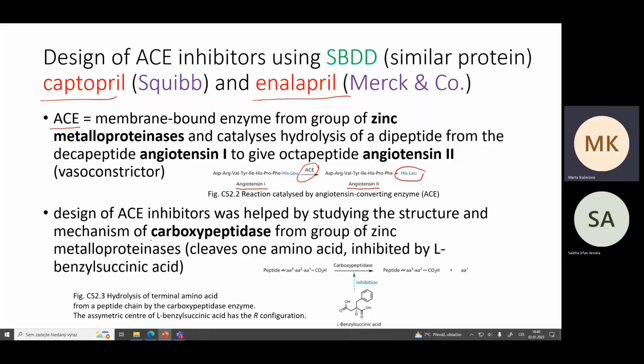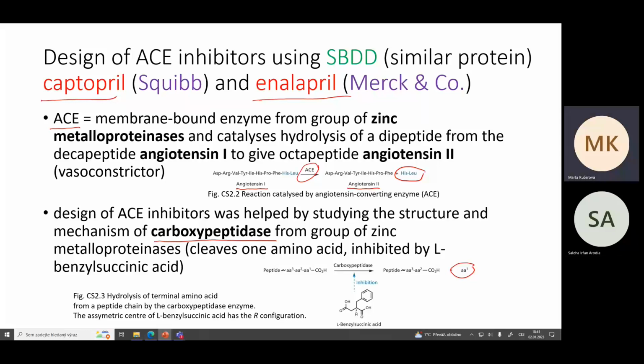So the scientists started with a regular carboxypeptidase, which is also a zinc metalloproteinase, but it only cleaves one amino acid residue, only one amino acid.